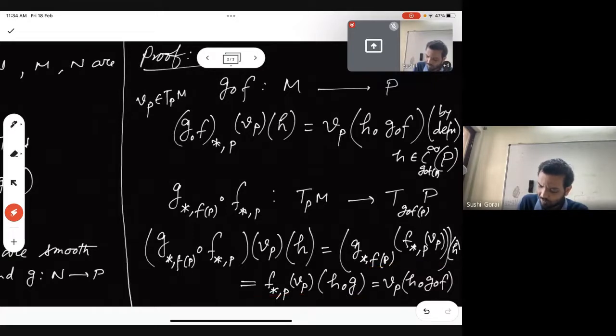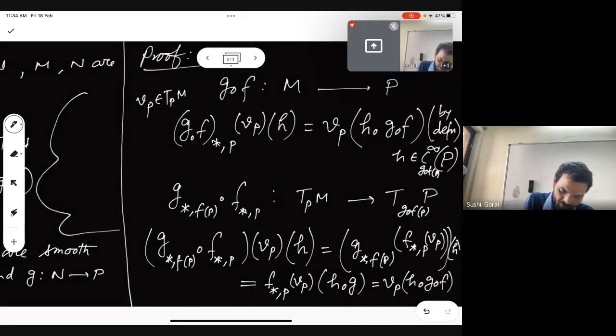So call this one W_P, right? Call this one W_P. So this is nothing but G star at F(P) of W_P acting on H, right?